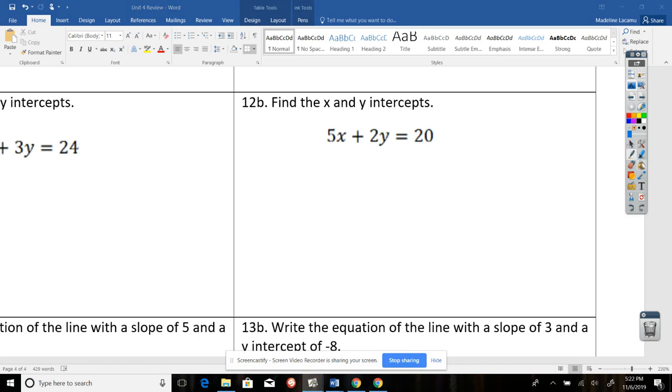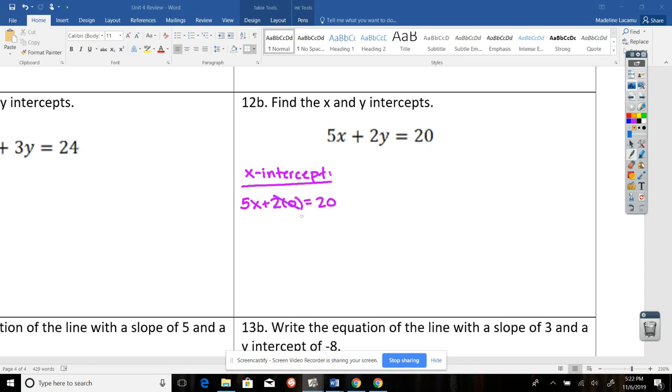So 12b wants us to find the x and the y-intercept, but we don't have a graph this time. So we're going to do like what we did on one further up. So we're going to start with our x-intercept. And remember, your x-intercept is where you replace the y with a 0. So I have 5x plus 2 times 0 equals 20.